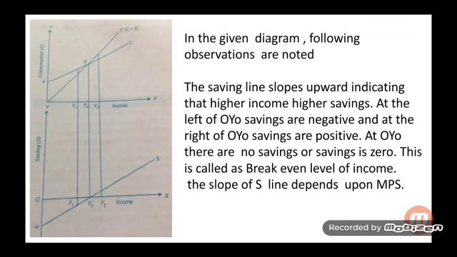And this is a break-even point also. And after this point, we can see that saving curve is sloping upward. The reason is that if we are observing the consumption graph, income is more than consumption.